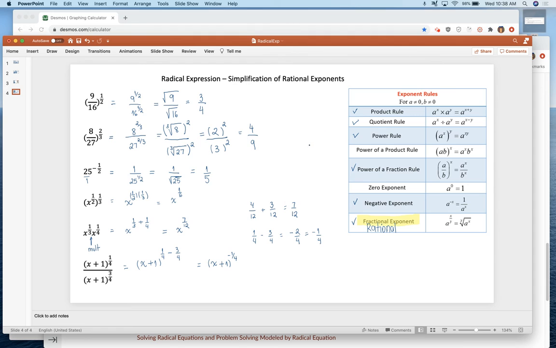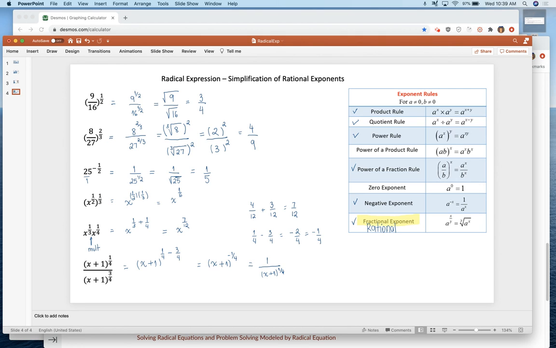So then I have to come here and apply another rule. I'm going to apply the negative exponent rule. So I have to flip, I have to get the reciprocal of this expression. What I have here will be 1 over x plus 1 to the power of 1/4.